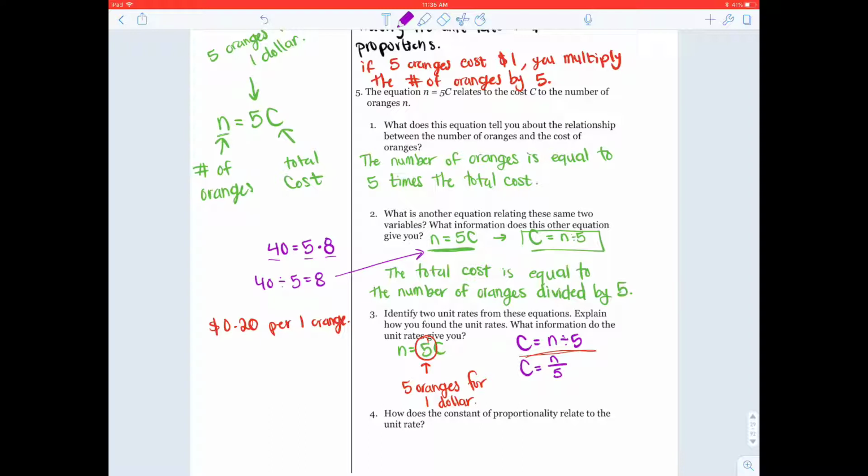Now, how can I rewrite n divided by 5 as a multiplication problem? This goes back to scale factors and all of that good stuff.